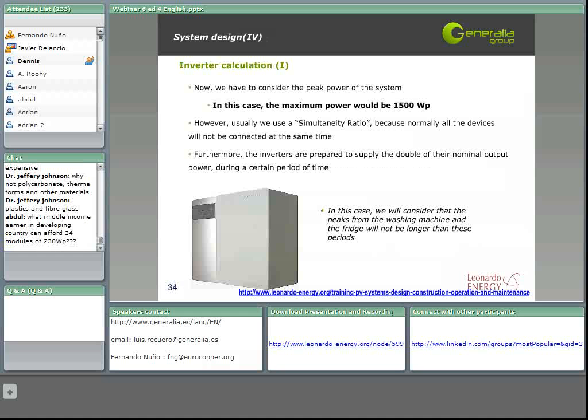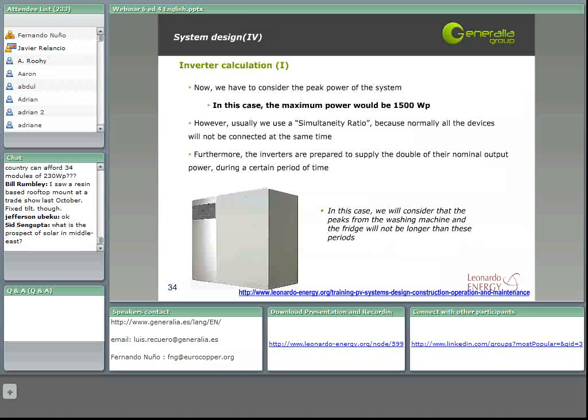If we use a simultaneous ratio, which means that not all the devices will be connected at the same time, of 80%, we can get that the output power is a little bit lower than the one that we had estimated.